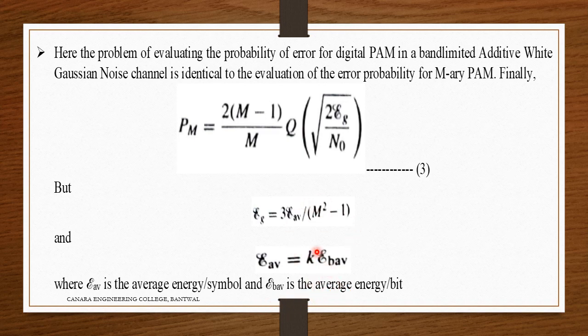So this is how we need to calculate it. If we know Eb, we get EAV, and from EAV we get the Eg term, and we can substitute and find this. This looks similar to what we did in the third module; in the third module we followed these terms.